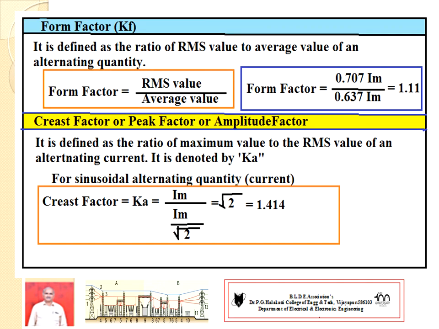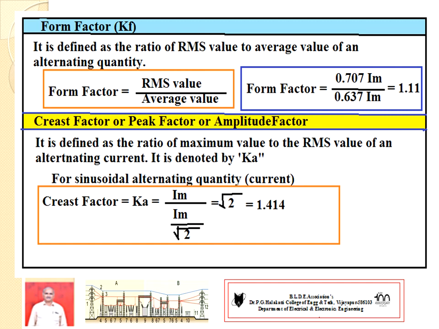So next important definition is form factor. It is very much required for AC circuit analysis, similarly in machines also. It is defined as the ratio of RMS value to average value of an alternating quantity.